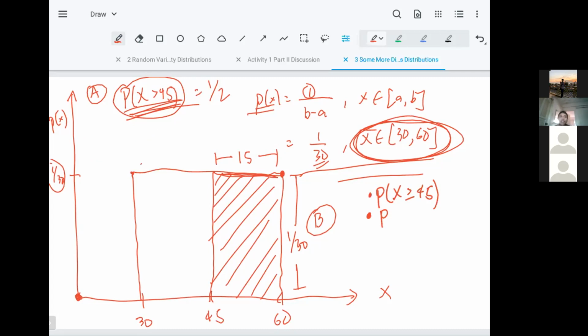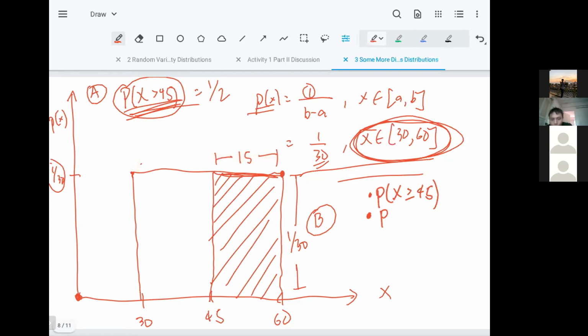Yun pala, isang characteristic pa nito. Since probability yung inaaral natin, yung total area under the curve, total area niyang rectangle na buo, 1 dapat yan. Gusto mo i-prove 30 ito, 30 yung width na yan, 1 over 30 yung height, 30 times 1 over 30, 1, di ba? Dapat laging ganun. Kasi probability yung inaaral.